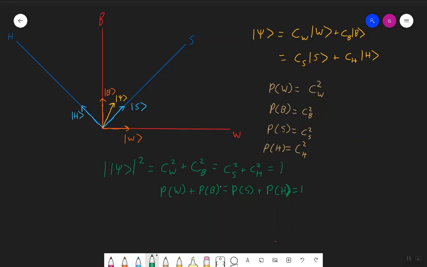These equations, right, not even counting the equals 1 part, the equation where the length squared has to be the same in either basis and the probabilities have to all add up to 1, those are inconsistent. Those at least are not fully consistent. You could not guarantee both of them to be true if you define the probability any other way than being the coefficient squared.